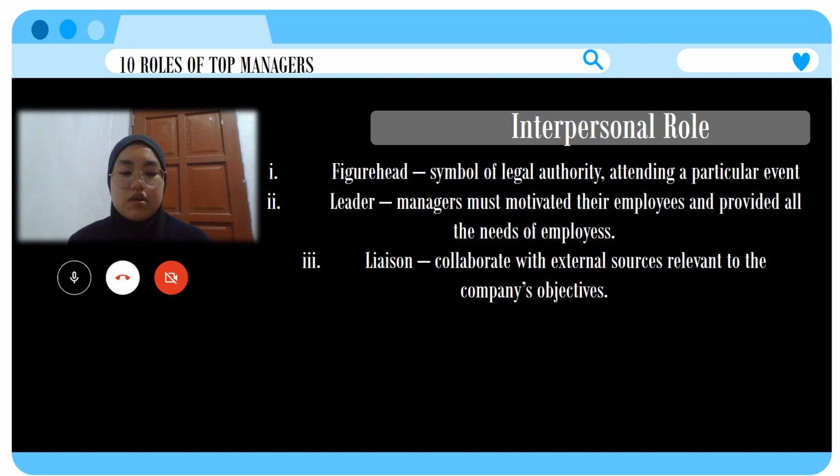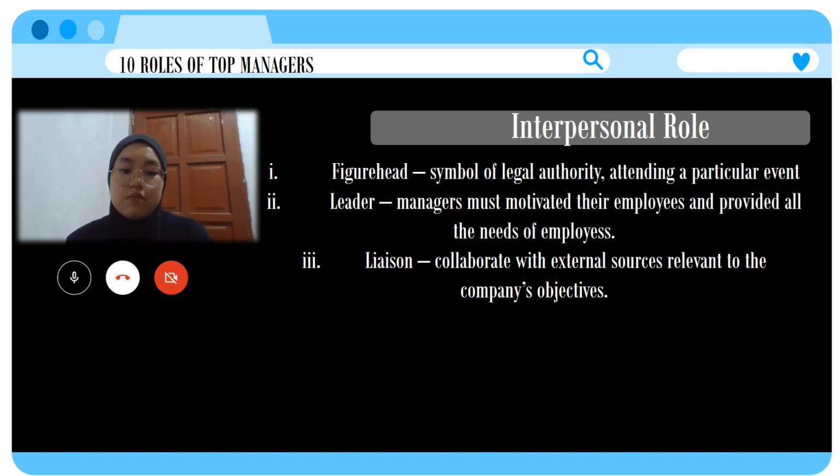For example, managers have to sign documents or attend ribbon-cutting events. For the leader, a manager must motivate their employees and provide all the needs of employees. For example, a manager has to hire good employees and give them training to improve their skills.